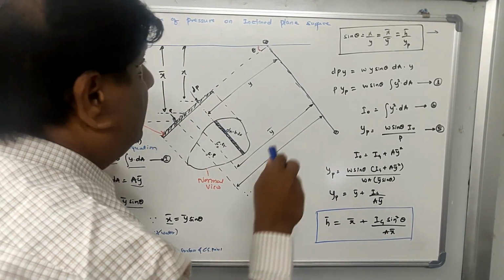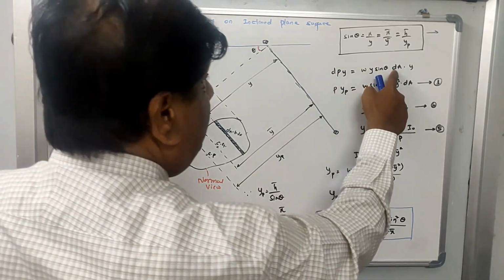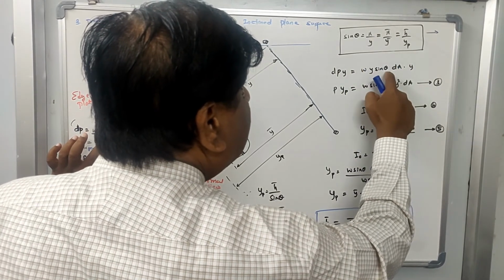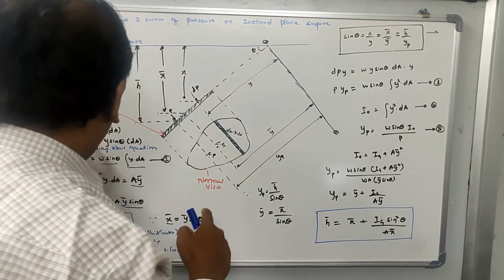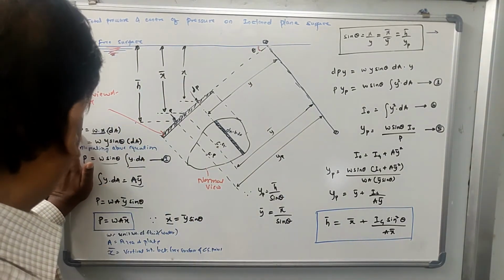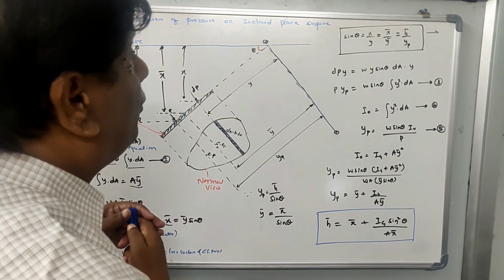Then the right hand side is W y sin theta dA, and again taking the moment of this about the axis, so you take the moment of force dP about the axis OO.